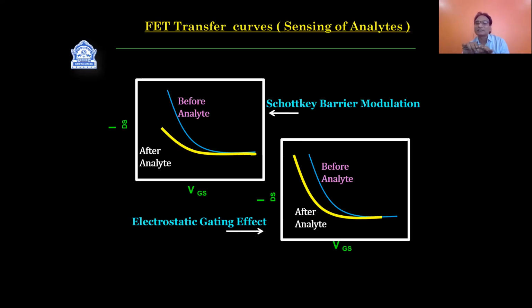Whenever you have modulation in contact resistance, you will end up with this kind of curve. So you have got different transfer characteristics, but it has nothing to do with gate potential. This is because of modulation in the contact resistance.